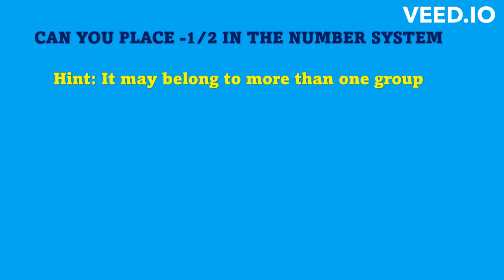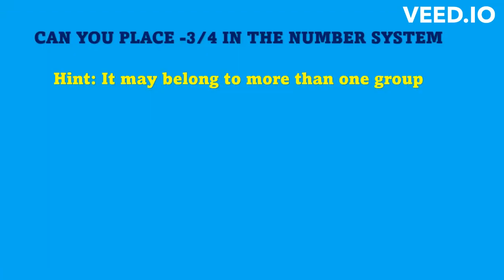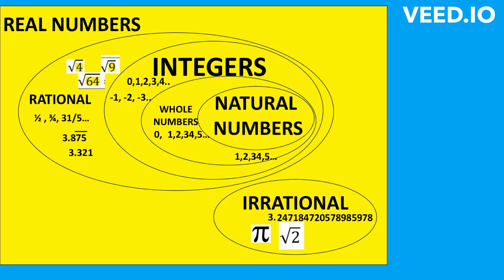Minus half is also a rational number. Rational numbers can be negative also. Not an integer. Can you place -3/4? Minus a fraction. This is also a rational number, but definitely not an integer or whole number.